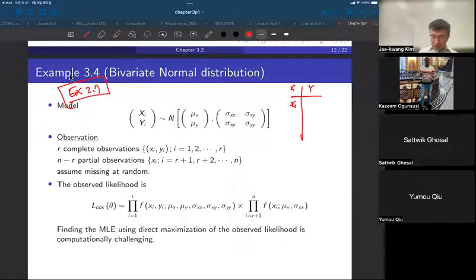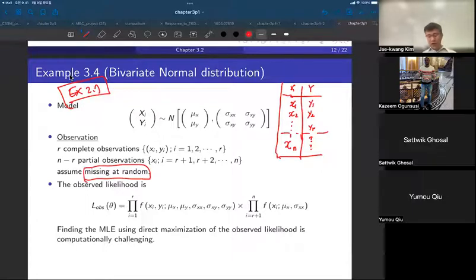So you have x1, x2 through xn, and you have y1, y2, through yr, and the rest missing. And we assume missing at random.